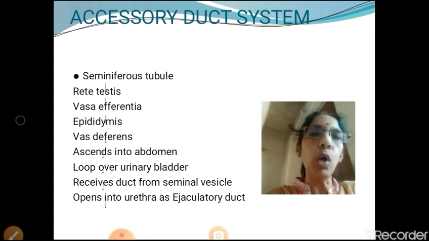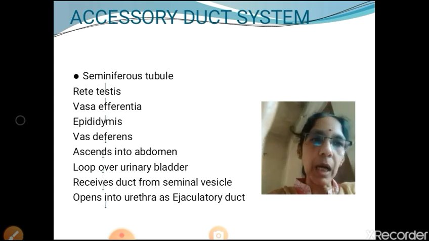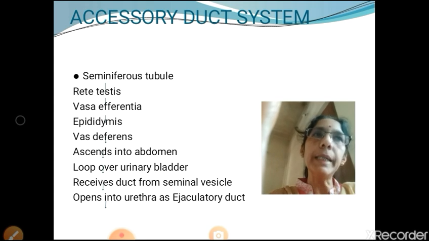It passes through all these four, and then it ascends into the abdomen, loops over the urinary bladder, and then opens into the urethra as the ejaculatory duct.